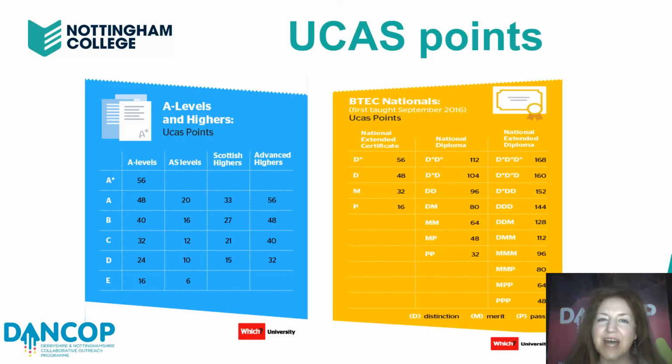You can use the UCAS points calculator on the UCAS website to help you work out how much each of your qualifications gives you in terms of UCAS points, and you can use your predicted grade for your current qualifications to work out what you're going to get if all goes well and you get those predicted grades. That will help you choose the right courses that you're likely to qualify for in terms of entry requirements. That's really, really important.